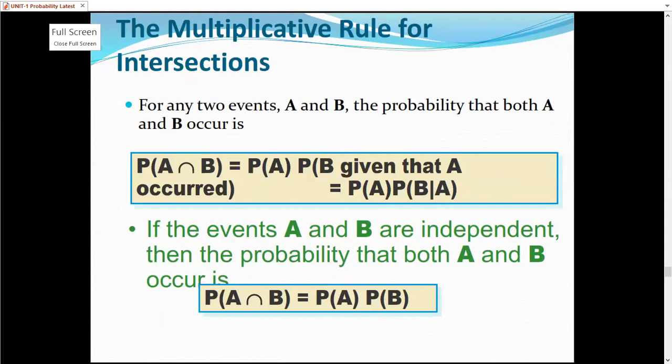That is probability of A into probability of B given A. So if they are independent, then the probability of B given A can be written as probability of B only. So probability of A intersection B is equal to probability of A into probability of B, provided A and B are independent.